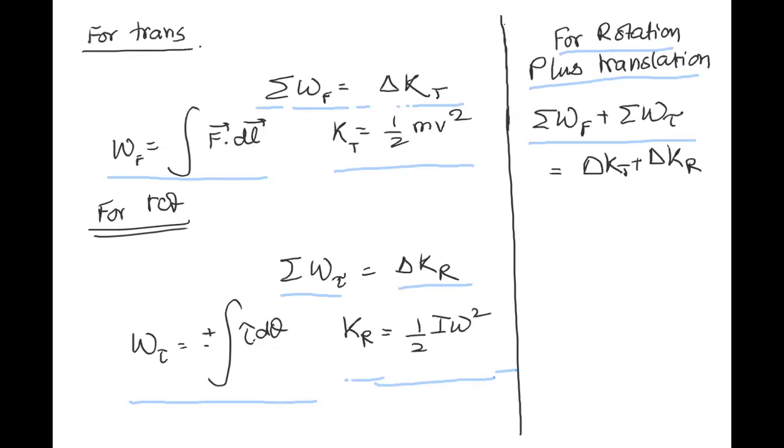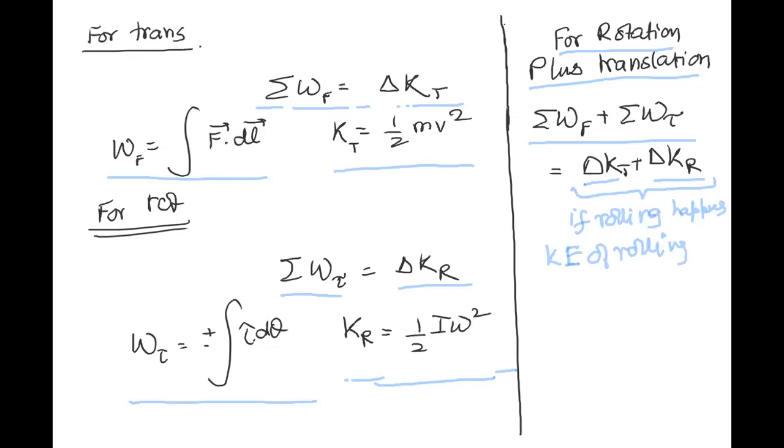On the right hand side, we have the sum of translational kinetic energy and rotational kinetic energy. This together can be called, if rolling is taking place, the kinetic energy of rolling. Okay, the sum of the two.